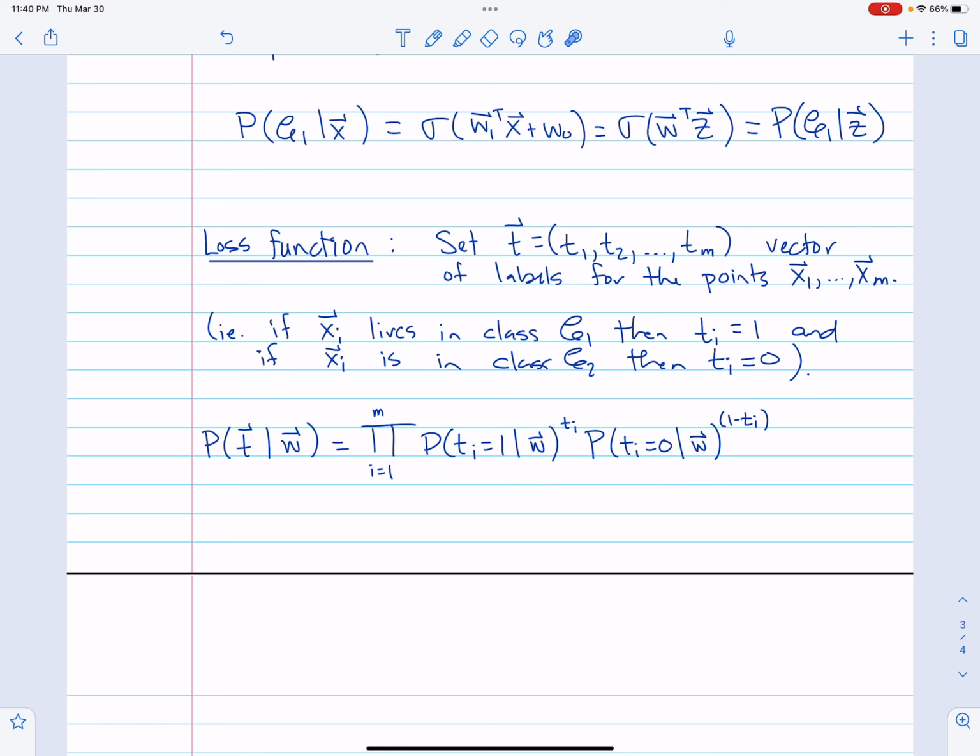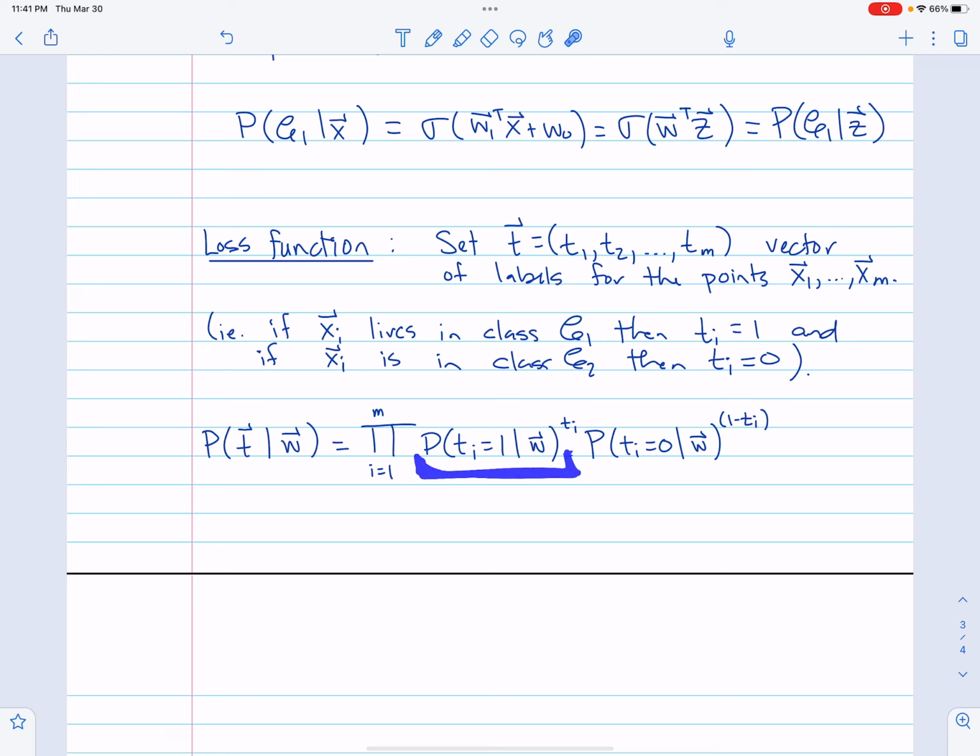On the other hand, if ti is equal to 0, then this exponent is 0 here, and this exponent is 1, and so all we're left with is this term here. And so if the correct label is 0, then the likelihood of that happening is just this thing here. Whereas if the correct label is 1, then the likelihood of that happening is just this thing here.